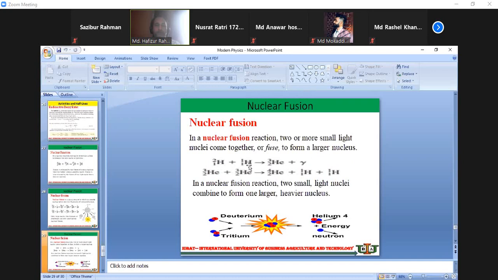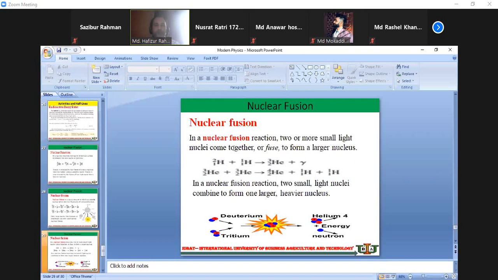Deuterium and tritium combine with each other and produce a helium isotope, and gamma, and release energy in the form of gamma rays. Gamma is a type of wave which carries energy.